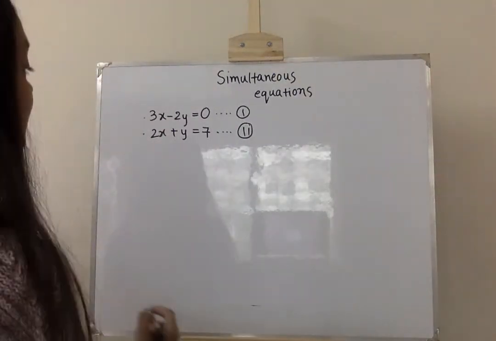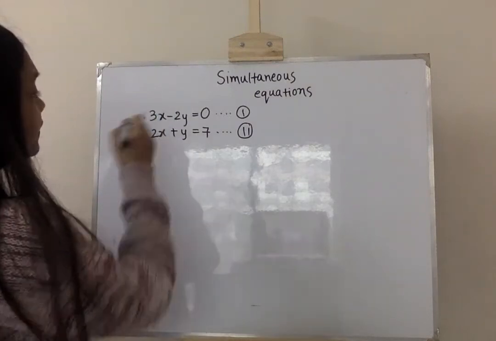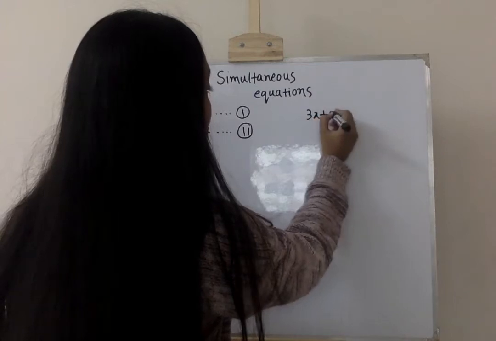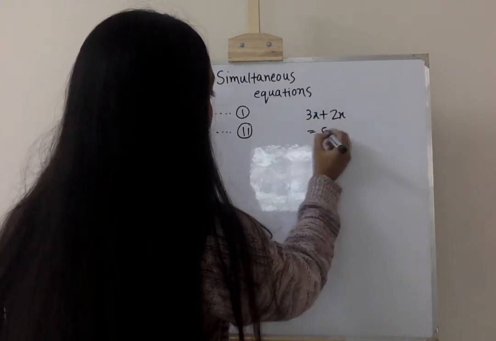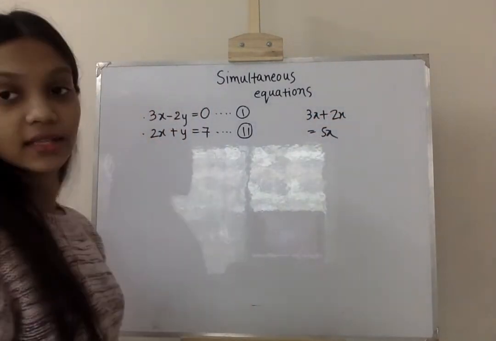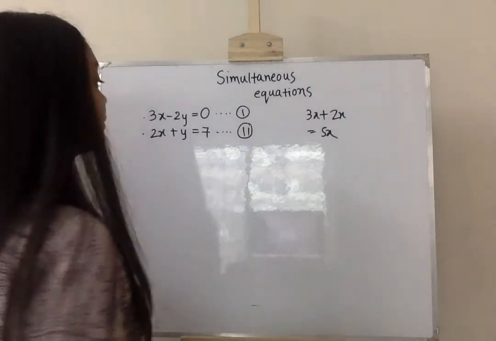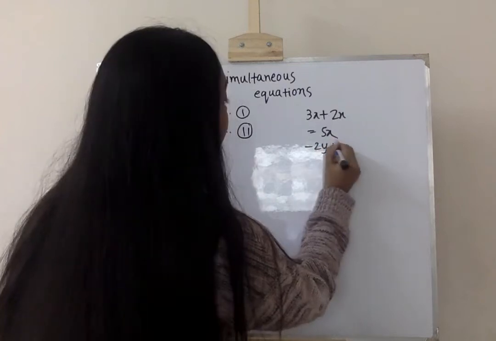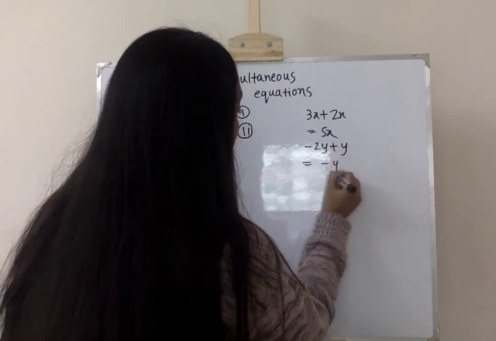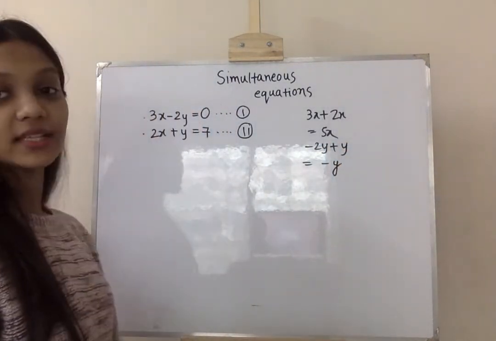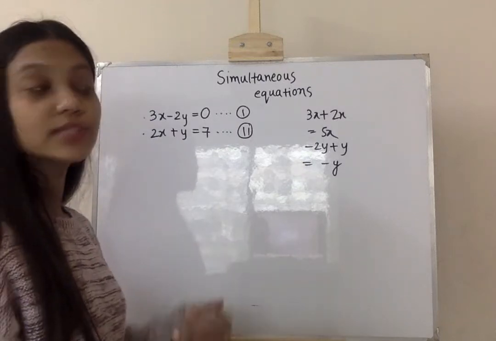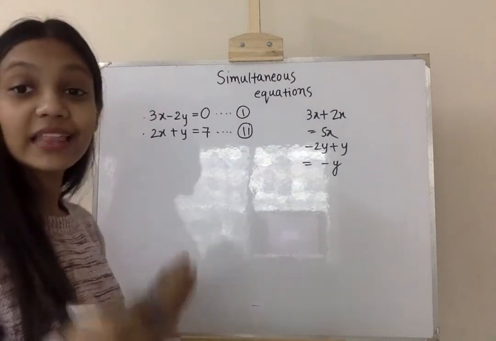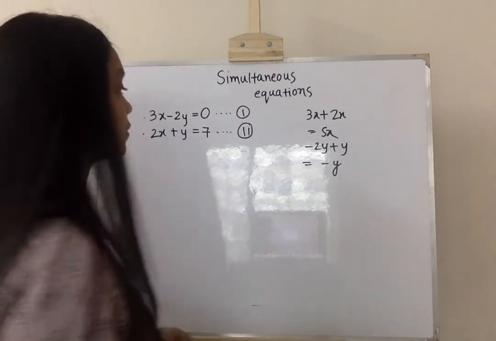For example, in this case, if we take 3x and 2x, 3x plus 2x is equal to 5x, we do not cancel the variable. If we take minus 2y plus y, it is equal to minus y. We cannot cancel it. So what we have to do is make the coefficients the same at first, and then we have to change their signs as well.